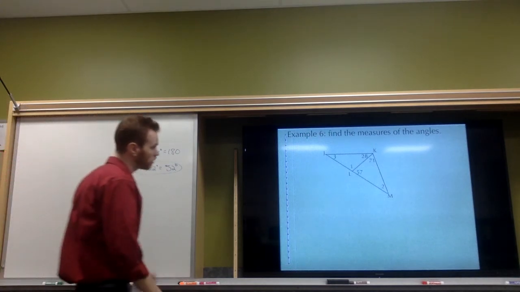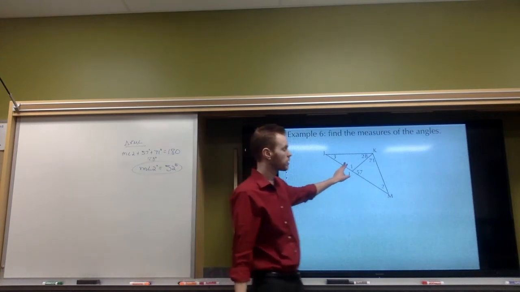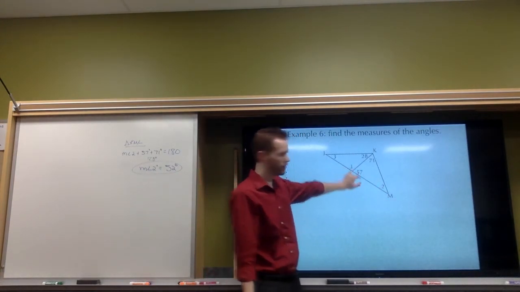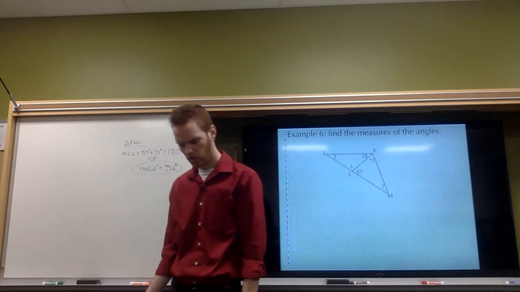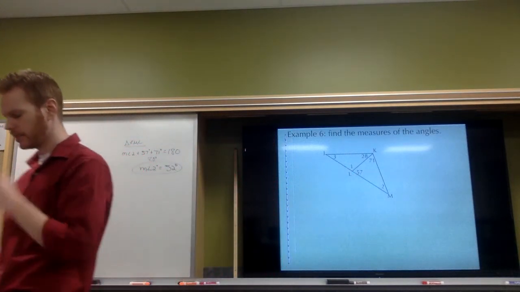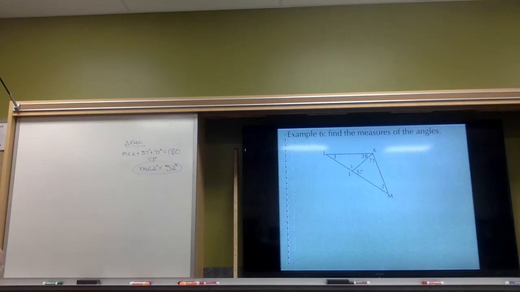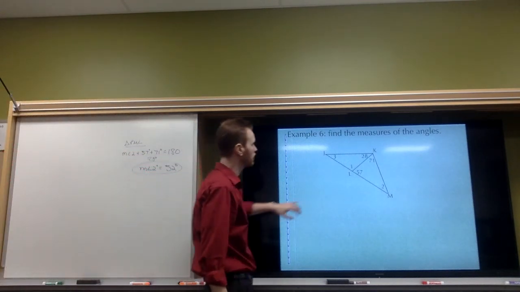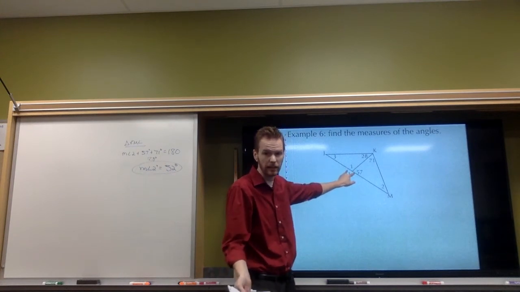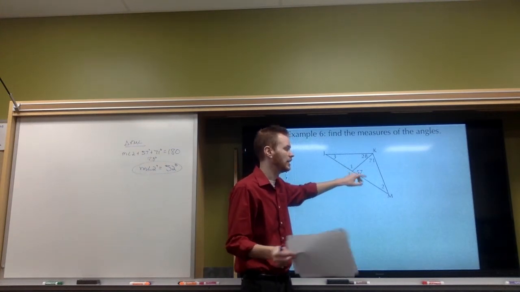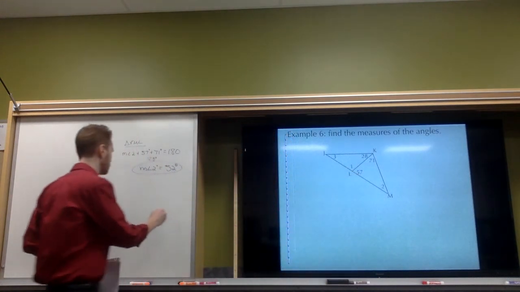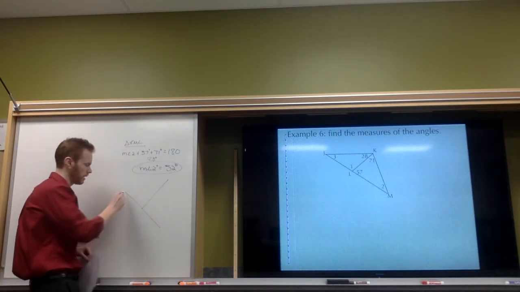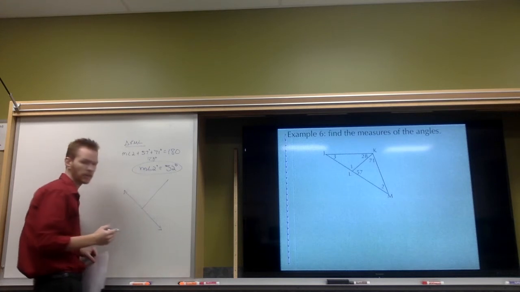Now, we could have tackled this one first as well, and there's a reason for that. Look at angle 1 and 57. Going back to what you did in the initial stages of geometry, you know that 1 and 57 are supplementary. They add up to 180. The reason they do that is because they're linear. If you remember from a long time ago, linear angles are adjacent to each other, and the non-adjacent sides are rays, right?